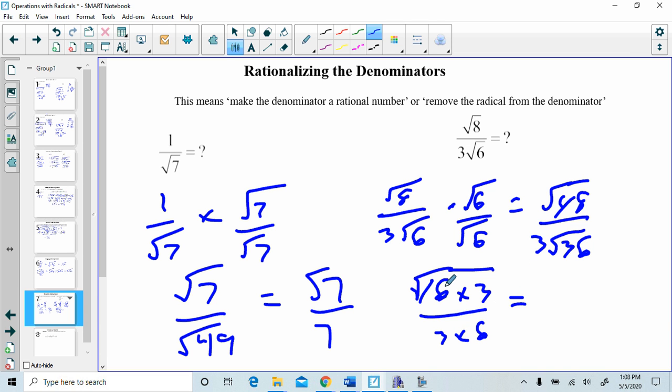So we're left with 4 outside the root, because we're going to take the square root of 16. So it's going to be 4 root 3 over 18. And then we're going to divide top and bottom by factors that are in common of 4 and 18. In this case, 2. So just divide top and bottom by 2. So this is 2 root 3 all over 9.